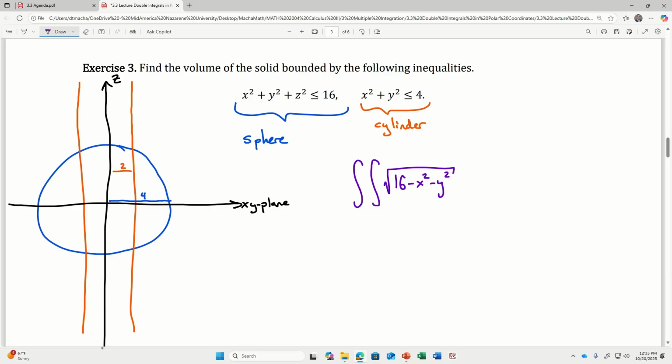I get that because the top surface is a surface of the sphere, and I can rearrange my sphere equation to be z equals the square root of 16 minus x squared minus y squared. And so the double integral is going to give me the volume between the xy plane and the top of the sphere. I just need to specify the bounds of this integral so that I only get the disk in the xy plane as the base of my solid.